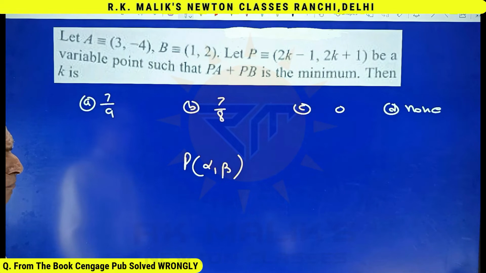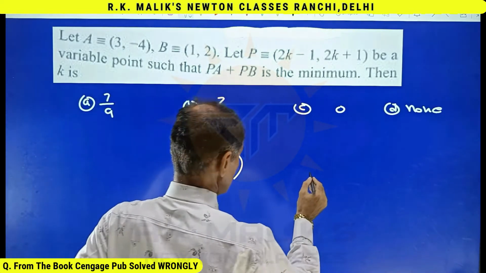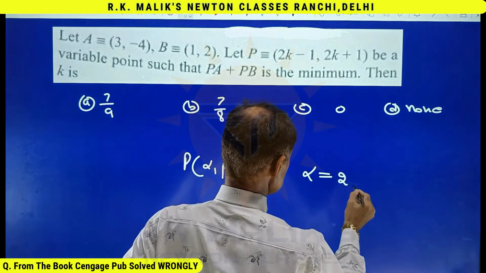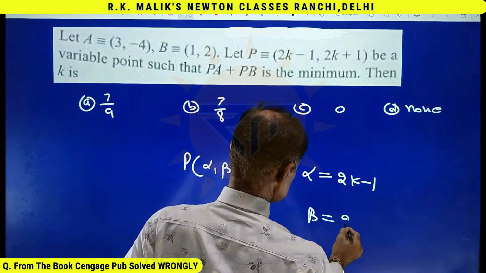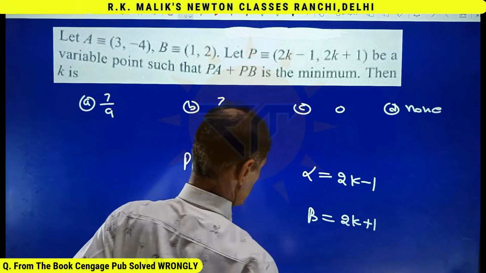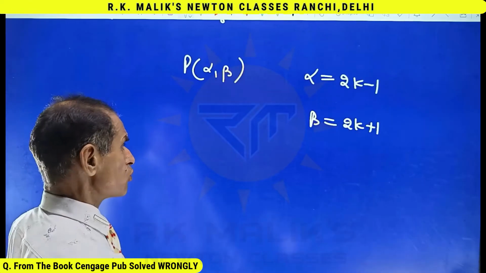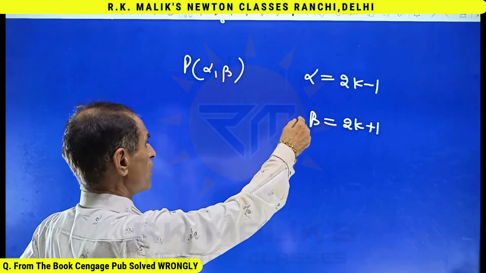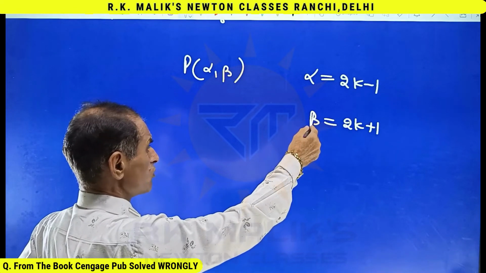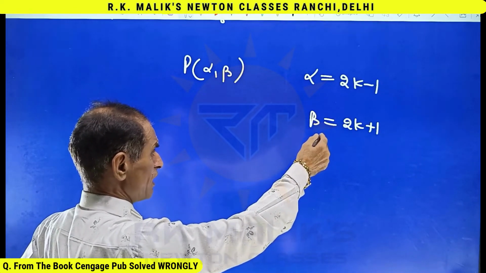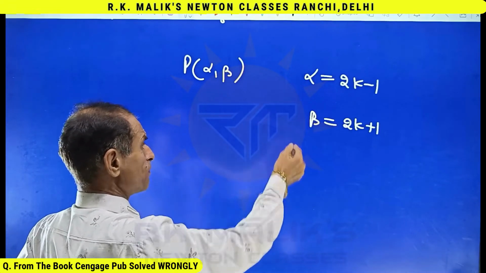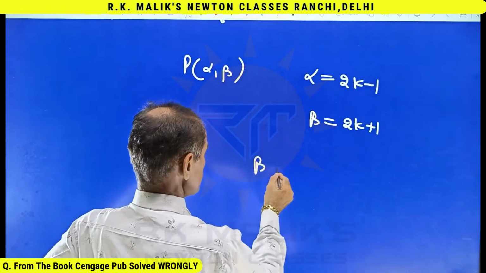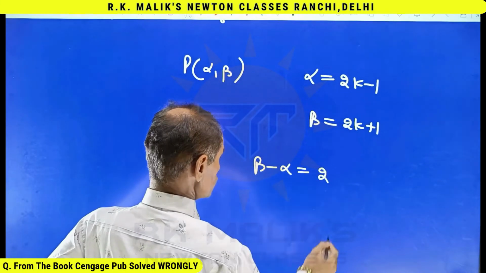To find the locus of the point P, clearly now alpha is equal to 2k - 1, beta is equal to 2k + 1. And now to get the relation in alpha and beta which is not containing any other variable except alpha and beta, subtract the two equations. I get beta - alpha equal to 2.